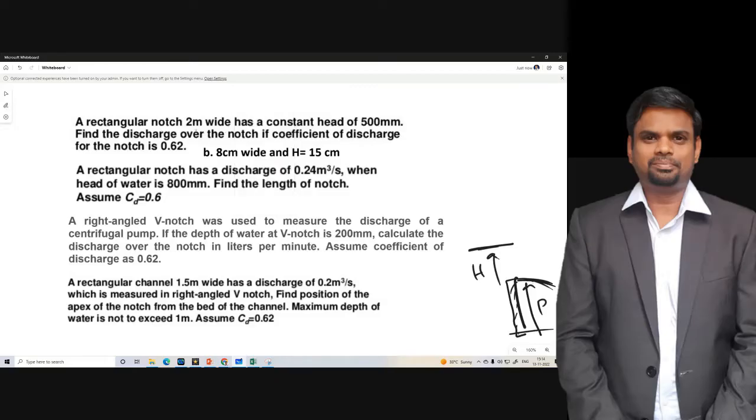A rectangular notch 2 meters wide has a constant head of 500 mm. Find the discharge over the notch if the coefficient of discharge for the notch is 0.62. In the second part, instead of 2 meters, it is 8 centimeters wide, and instead of 500 mm height, it is 15 mm. Let me solve this B part first.